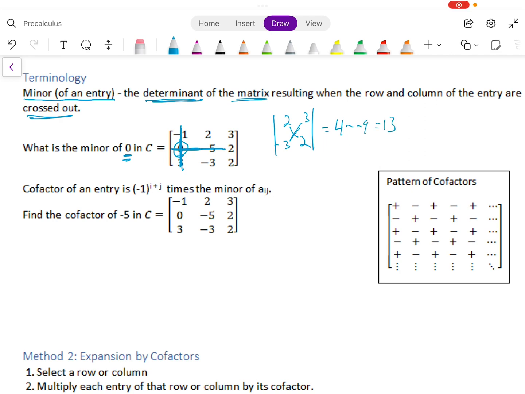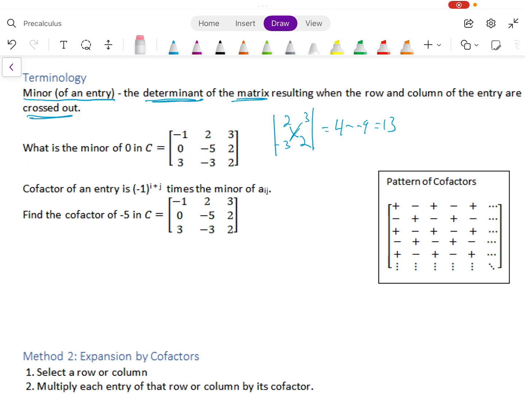So the minor of 0 was 13 because we crossed out the row and column, saw the resulting matrix, and then took the determinant of it. We don't have to physically cross them out. We can just mentally think what matrix we would have left.